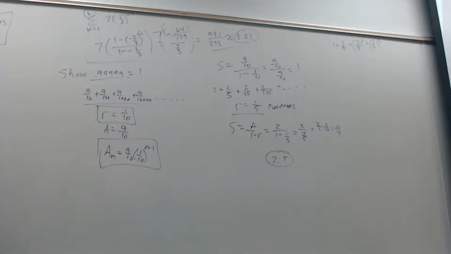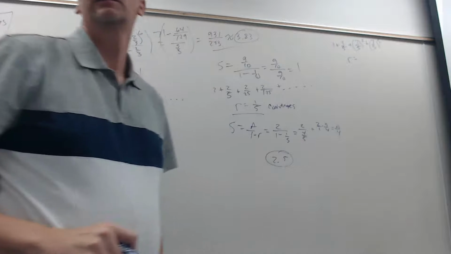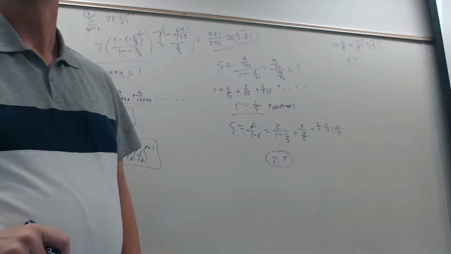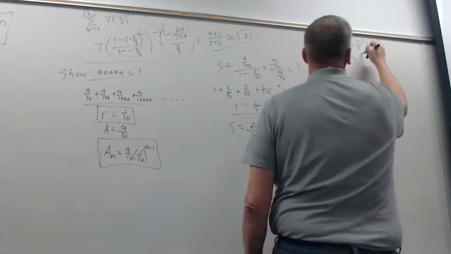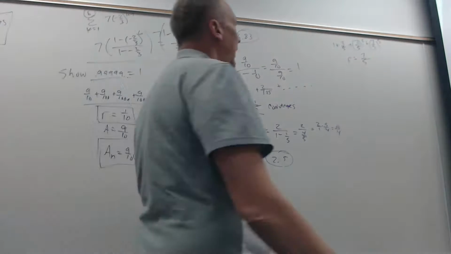What's your common ratio? 7/5. Does it converge or diverge? Diverge. This one's going to diverge.